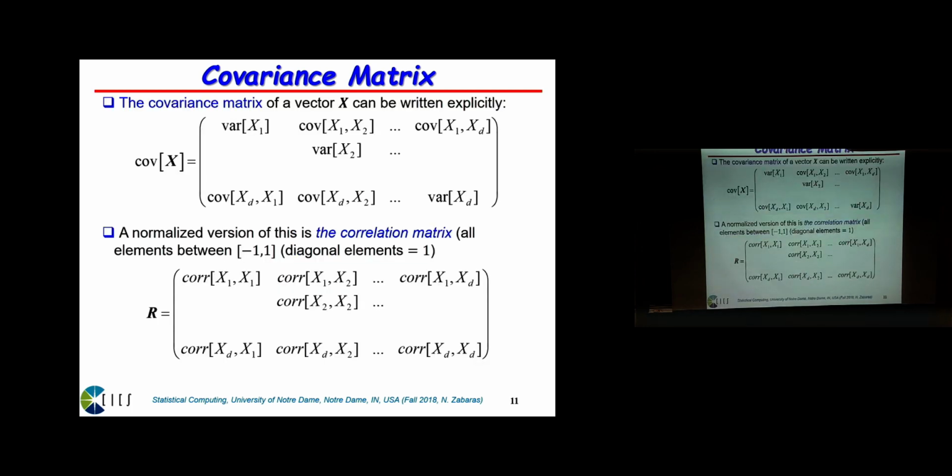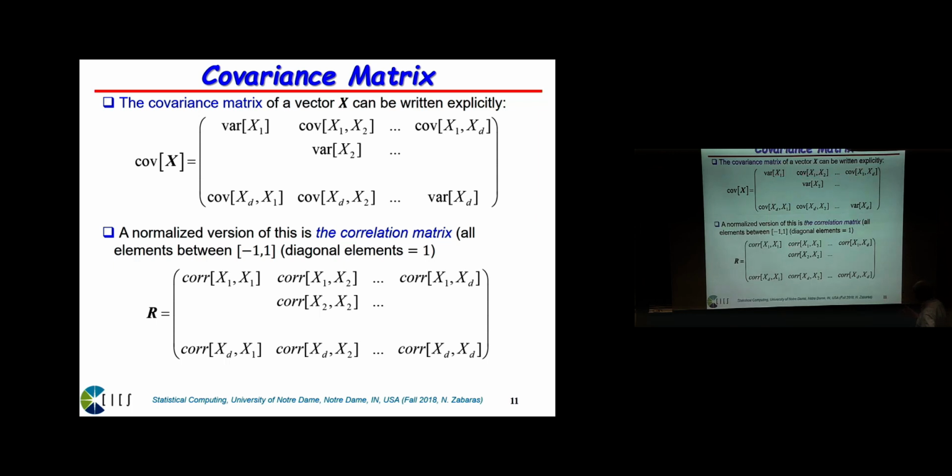I'm just writing this in an expanded form, so that these are the variances that we just mentioned. In this case, the vector is d-dimensional, and these are the covariances, okay? And again, this is a symmetric matrix, so the covariance of x1, x2 is the same as the covariance of x2, x1. And sometimes in applications, instead of playing with the covariance, you play with what's called the correlation matrix, where in effect you divide these covariances by the corresponding standard deviations.